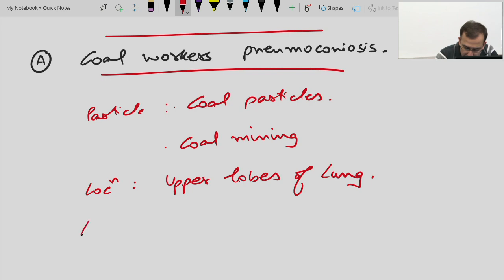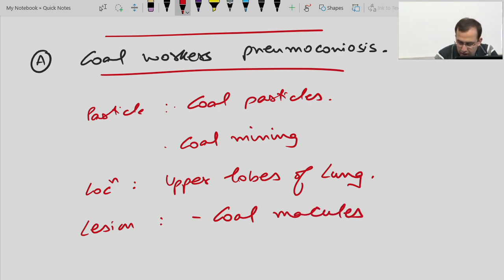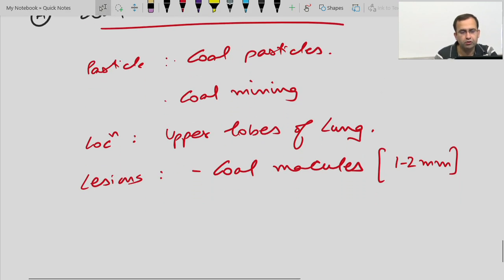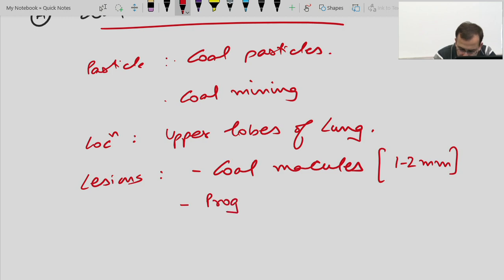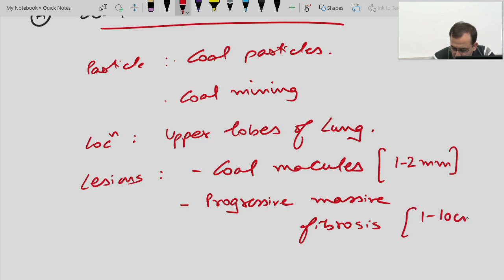The lesions associated with this are the presence of coal macules, which are 1 to 2 millimeters in diameter, and progressive massive fibrosis, which can be 1 to 10 centimeters in width.